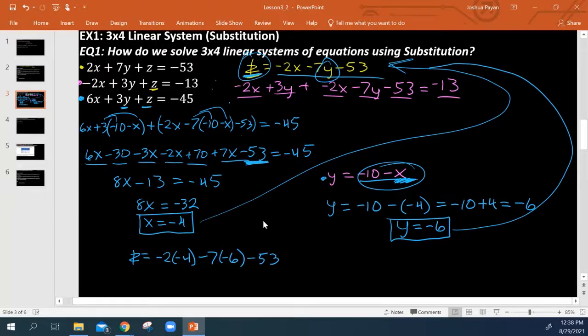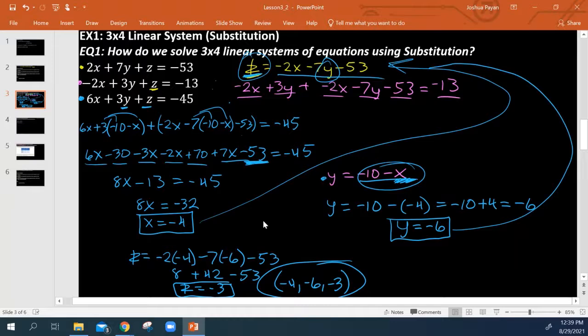This is going to give me positive 8 plus 42 minus 53. 8 plus 42 is 50, minus 53, so z equals negative 3. So my solution set is x, y, z. This would be my solution set.